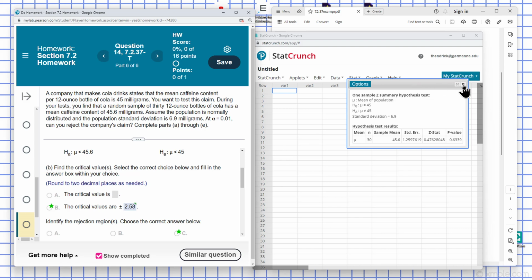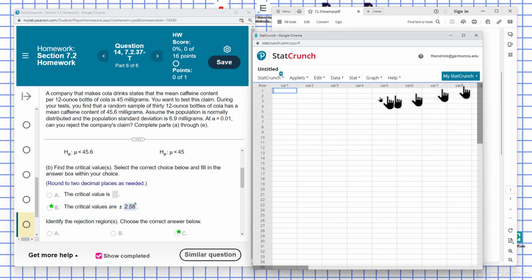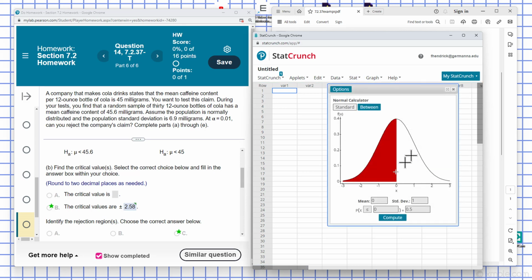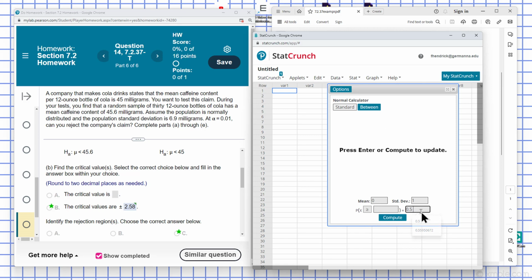And for the critical values, it's that calculator. It's pointing to the right this time. Hit compute.